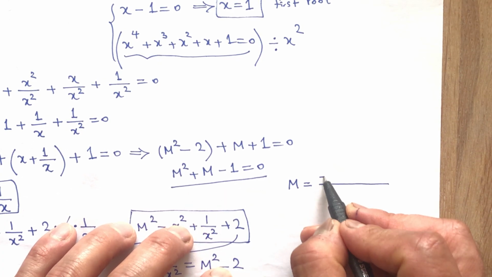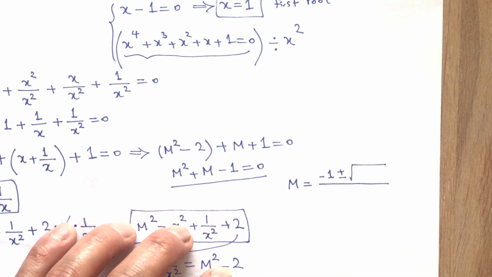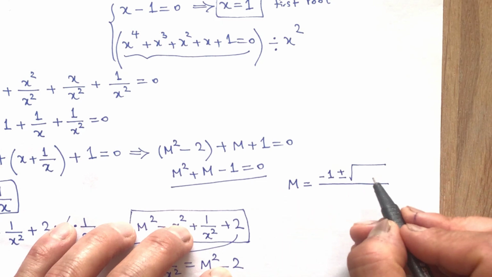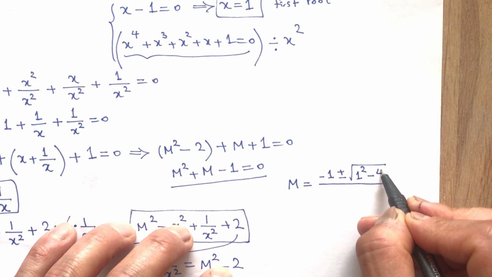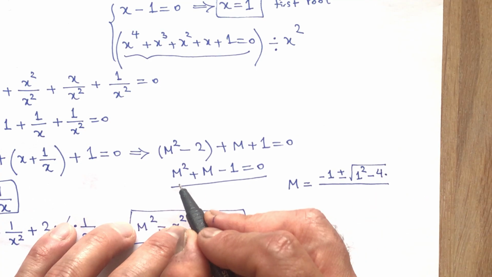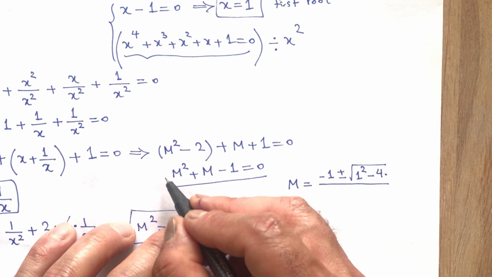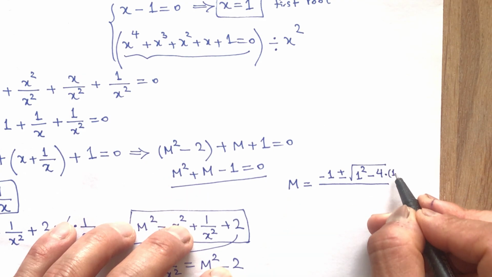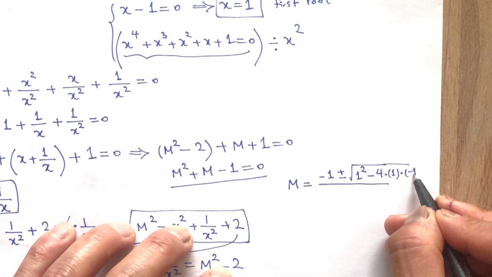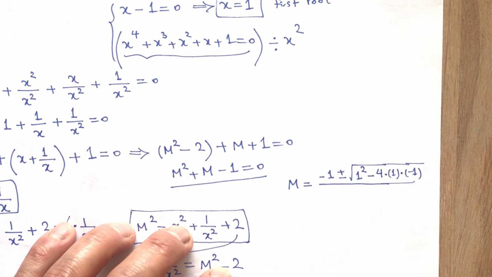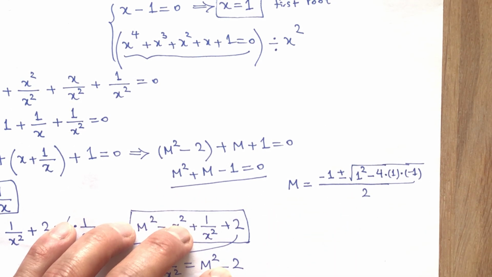Minus b is minus 1 plus minus square root of b squared, 1 squared, minus 4 times a is 1 and times c is minus 1, over 2 times 1, that is 1.